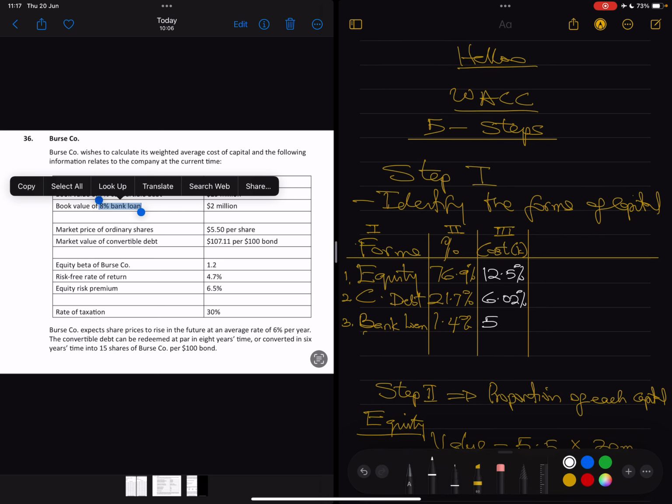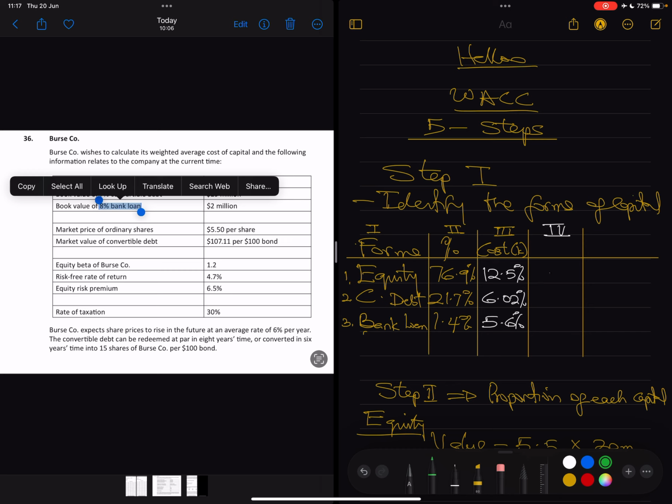Bank loan is 5.6%. And what's our step 4? Step 4 is to just multiply step 2 and step 3 together. So if we multiply step 2 times step 3, that means 76.9% multiplied by 12.5.